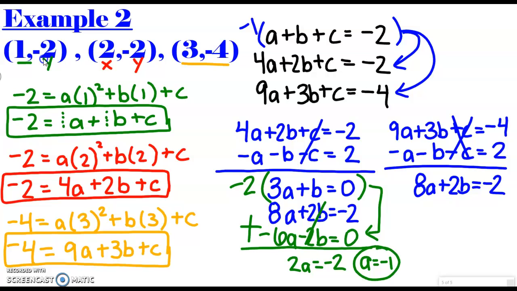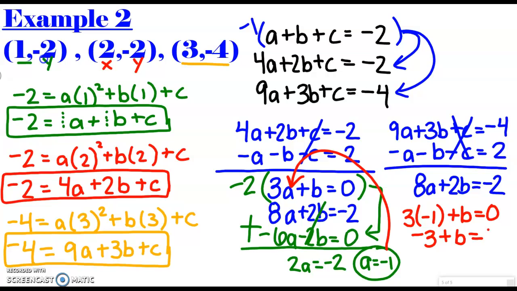Now that I know that a is negative 1, I can substitute it back in. So I have 3 times a is negative 1 plus b equals 0. So negative 3 plus b equals 0. So b is 3.